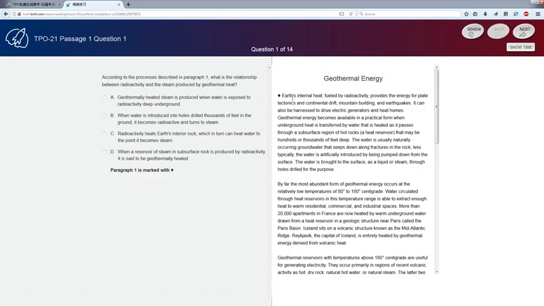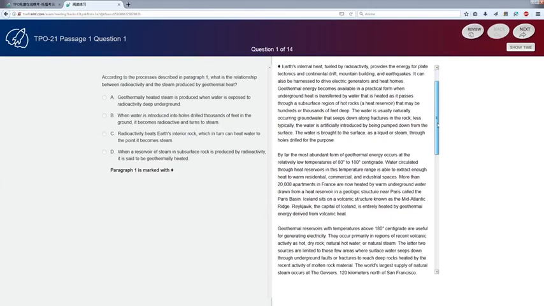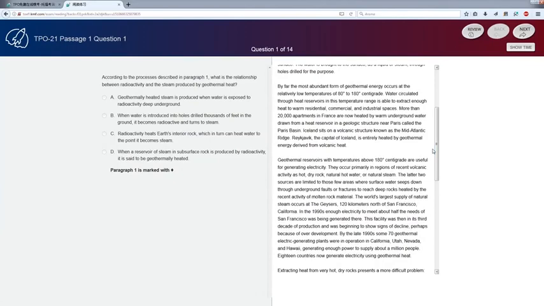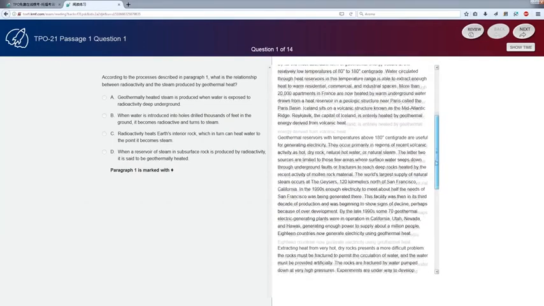Geothermal energy, Earth's internal heat fueled by radioactivity, provides the energy for plate tectonics and continental drift, mountain building, and earthquakes. By far the most abundant form of geothermal energy occurs at the relatively low temperatures of 80 to 180 centigrade. Geothermal reservoirs with temperatures above 180 centigrade are useful for generating electricity.